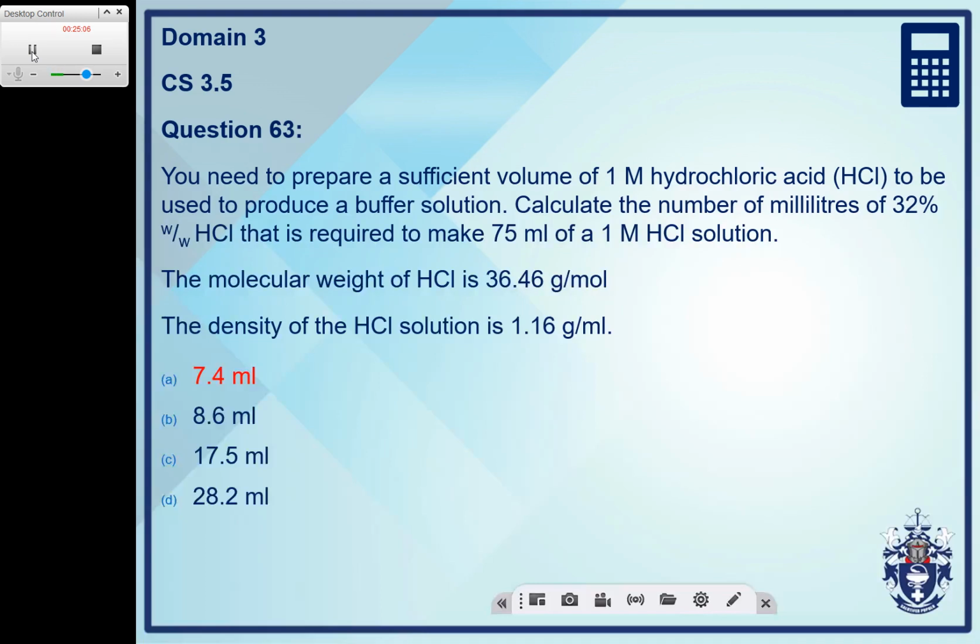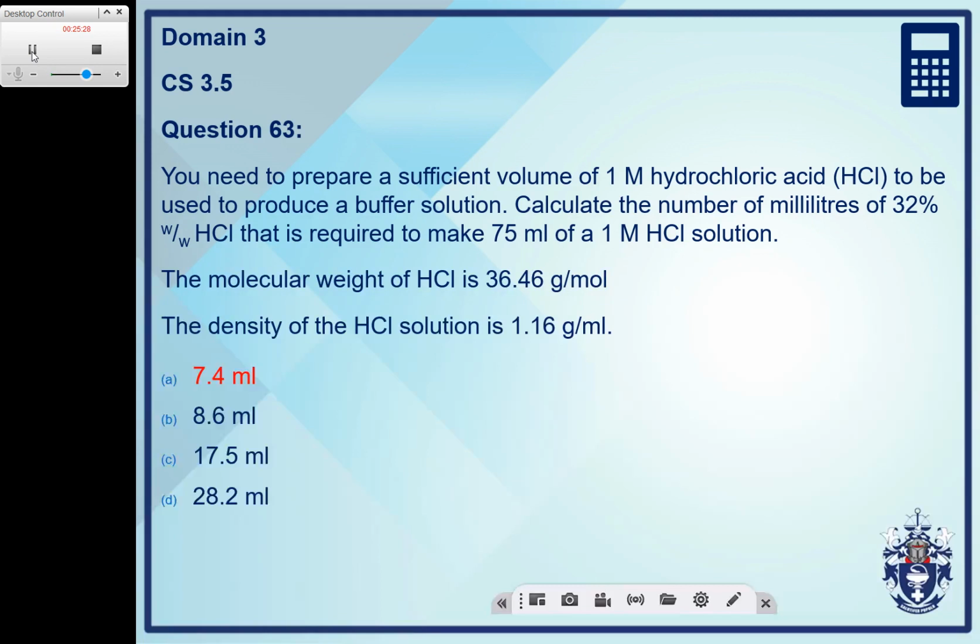You need to prepare a sufficient volume of 1 molar hydrochloric acid to be used to produce a buffer solution. Calculate the number of milliliters of 32% weight per weight hydrochloric acid that is required to make 75 milliliters of a 1 molar hydrochloric acid solution.